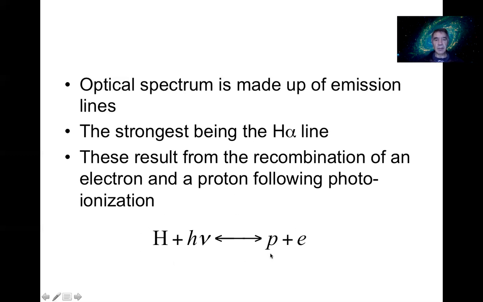So I've written a little equation here at the bottom to illustrate this idea that, in a sense, there's a dynamic equilibrium going on in these H2 regions. It's not a chemical equation, but it's a physical process equation, if you like. So you've got photons, as illustrated by a packet of energy here, with Planck's constant h times nu, which is the energy, nu is the frequency.